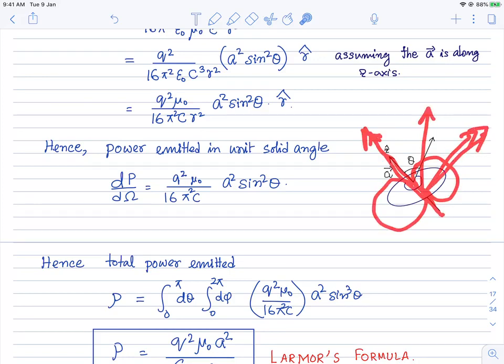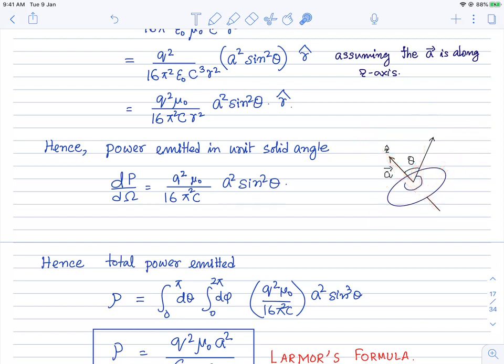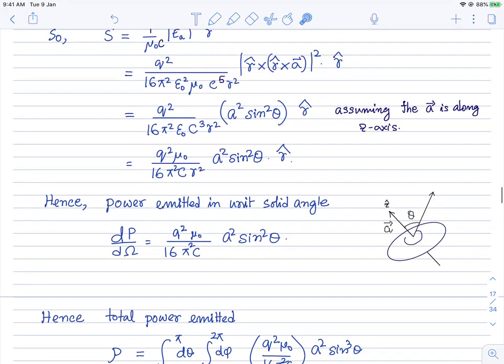Maximum radiation is given out in the direction perpendicular to the acceleration, because of the sine theta factor, and the minimum radiation happens along the direction of motion. But if it is some arbitrary trajectory and not a straight line, then this is an instantaneous thing. We haven't performed the time averaging. At a particular instant, this acceleration would have a time dependence.